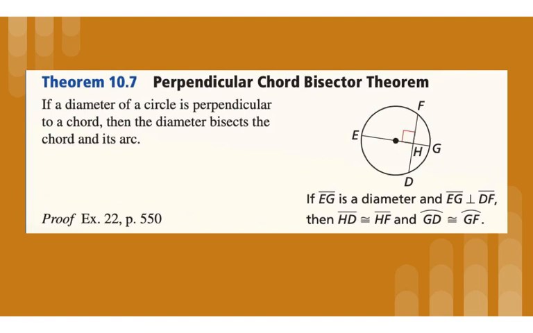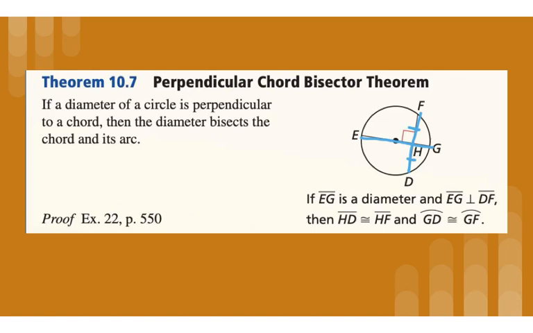Now this is kind of an interesting one. If you have a diameter that's perpendicular to a chord, then the diameter bisects the chord and its arc. So here we see we have our diameter and our chord. With this interesting theorem, if we were in school and had more time, we would certainly be proving these things and really looking at why this is true.